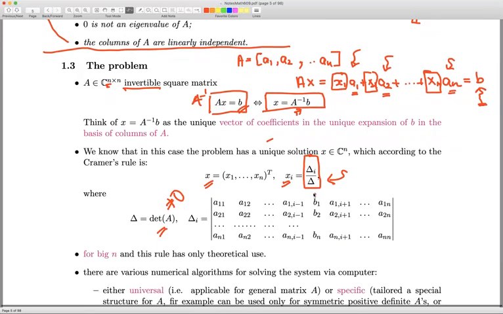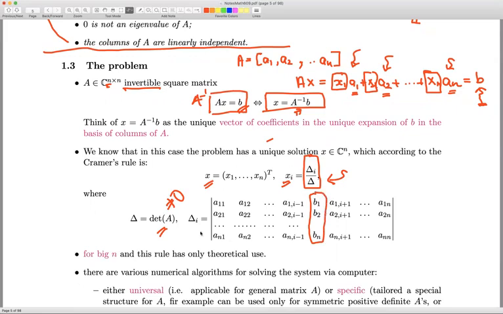You look at the matrix A, and with this index i, we look at the ith column of the matrix A. We remove that column from the matrix A, and we instead insert the right-hand side, which is the vector b. This way we get a new matrix.